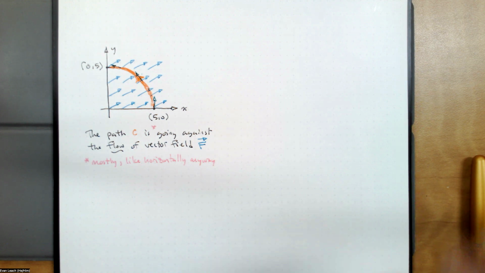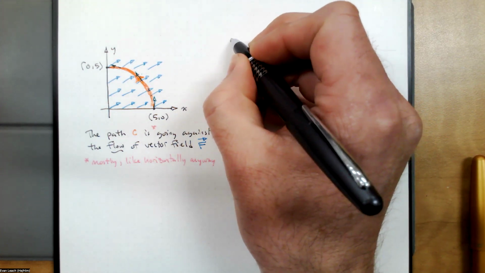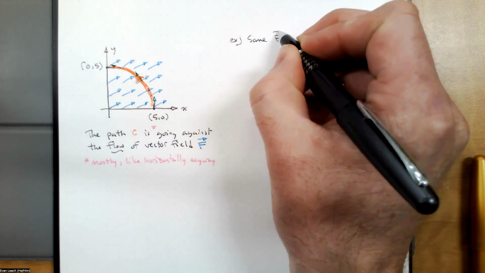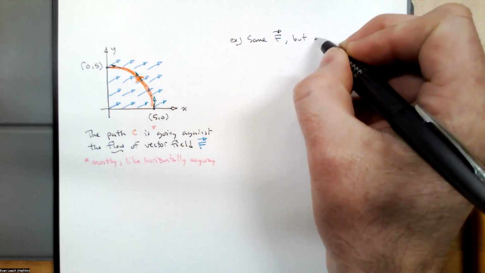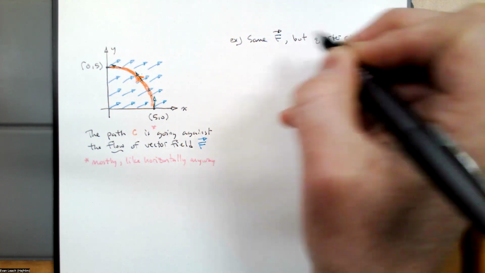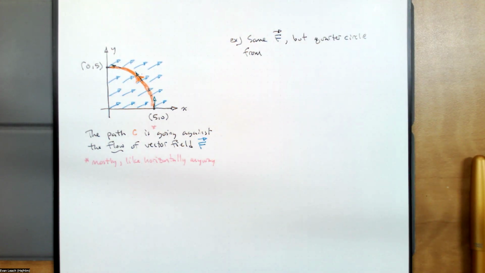So let's try. Let's go with the same vector field. Let's go with the quarter circle in quadrant 4 from 0, -5 to 5, 0.